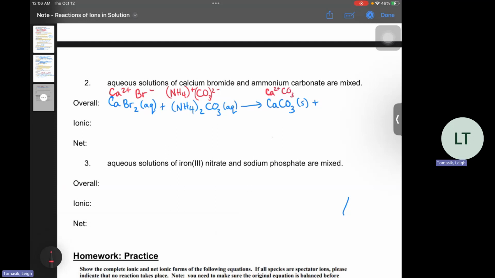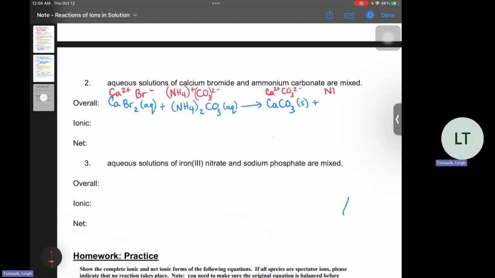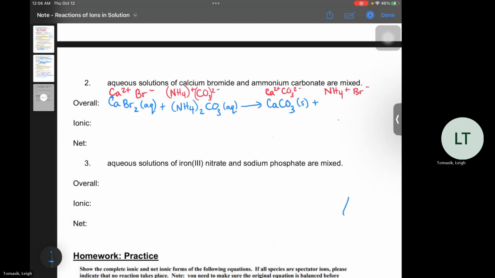Sorry for skipping that step. So the twos are going to reduce, and we're going to get CaCO3. And then we're going to do the same for ammonium, NH4 plus, and Br minus. We're going to get NH4Br, and it's going to be aqueous.